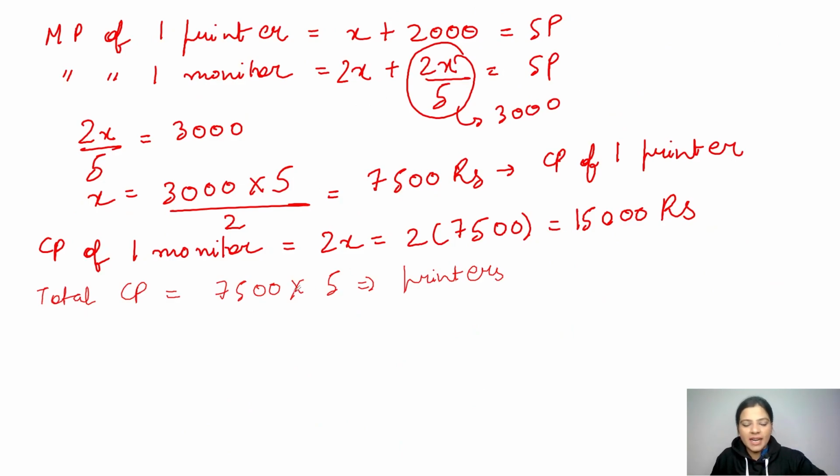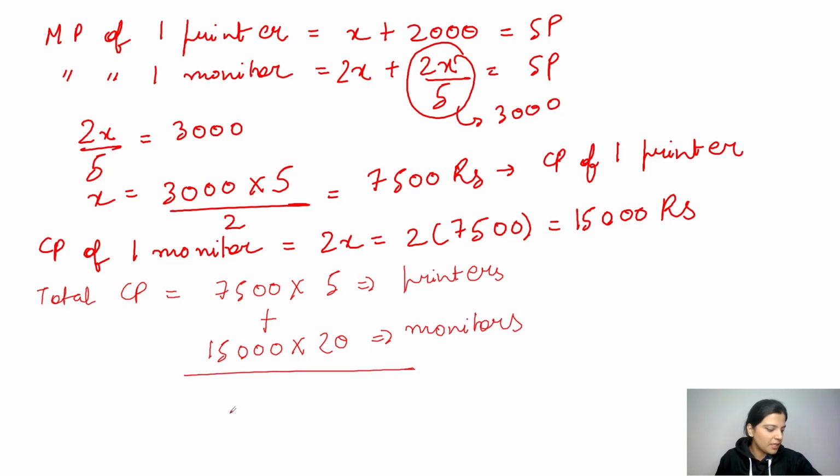So the cost he paid must be 7,500 into 5, and for monitors this must be 15,000 into 20, because in total he purchased 20 monitors. If you multiply and add all this up, the total CP comes out to be 3,37,500 rupees. So this is the total CP.